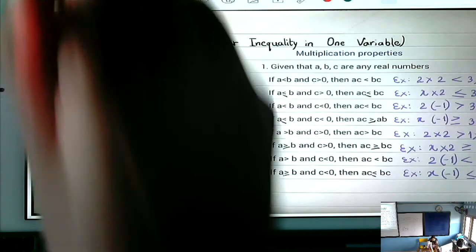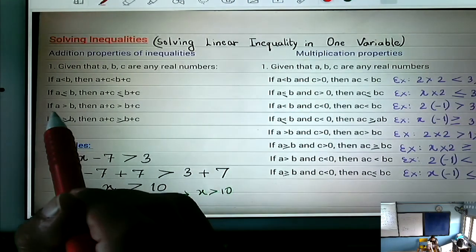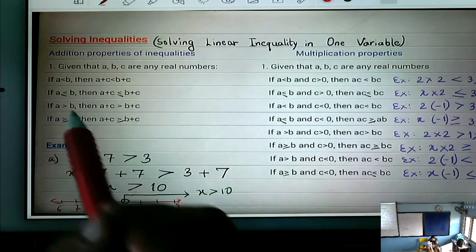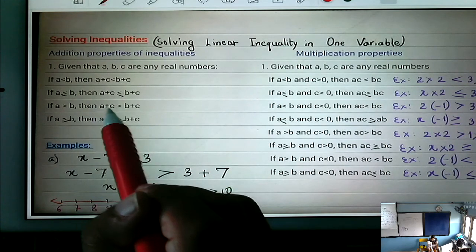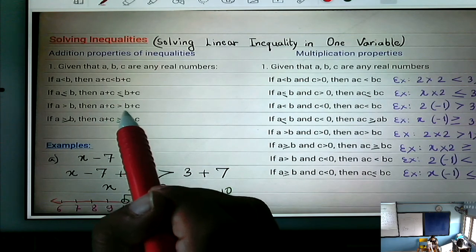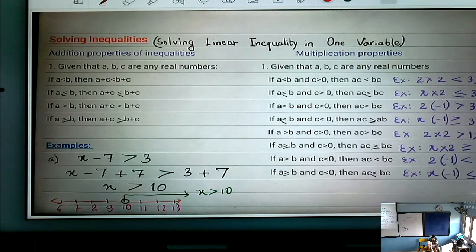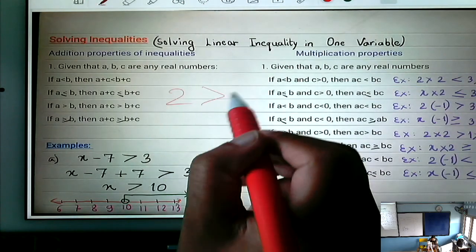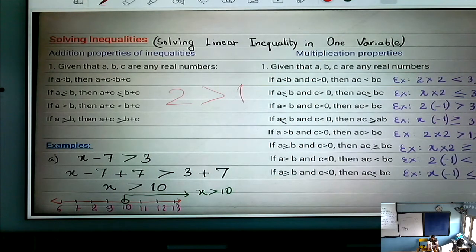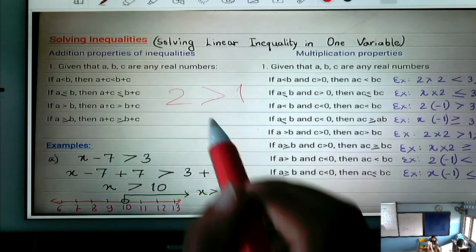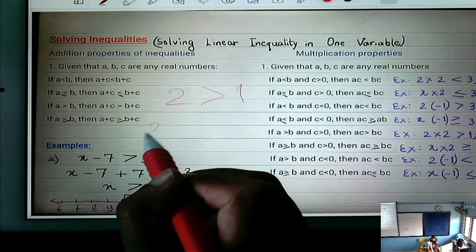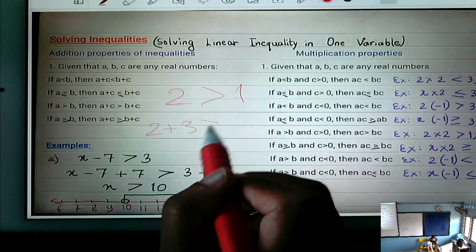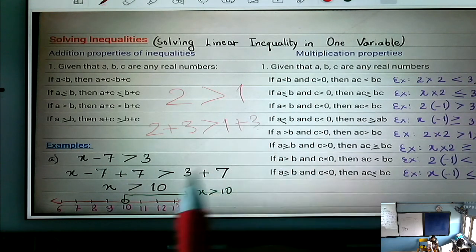Okay, now look at the next. If A is more than B, then A plus C is also more than B plus C. 2 is more than 1, correct? Then 2 plus 3 is more than 1 plus 3.